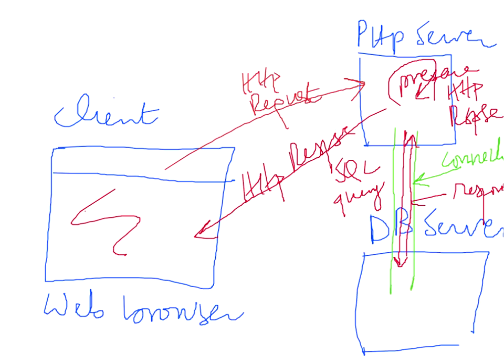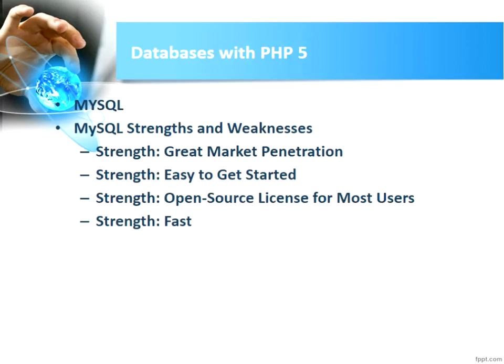For this course, we will talk about how we can create this connection and how we can perform SQL queries between PHP server and database server. Databases with PHP 5. In our case, we said that we will use MySQL. Why do we opt for MySQL server?